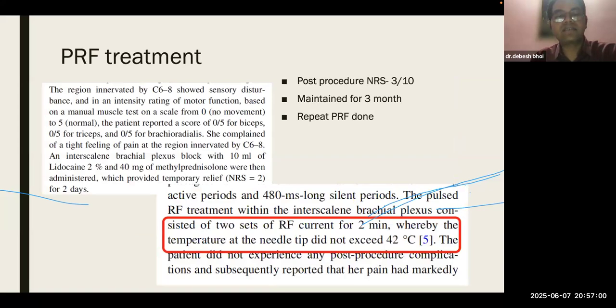Again in this case, they did interscalene level brachial plexus PRF for 2 minutes, where the temperature was again 42 degrees Celsius, and they found good pain relief for 3 months. Obviously the duration was not long, so the patient got repeated PRF done, and the NRS is good after that.